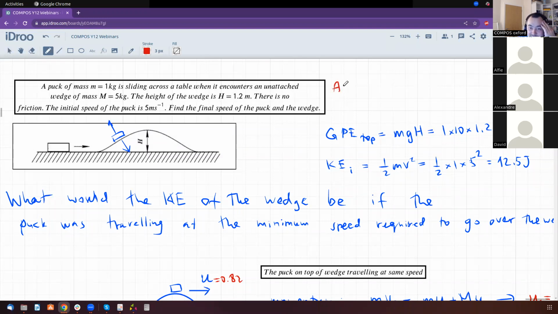So the answer: velocity of the wedge is 0. The velocity of the puck is 5 meters per second.